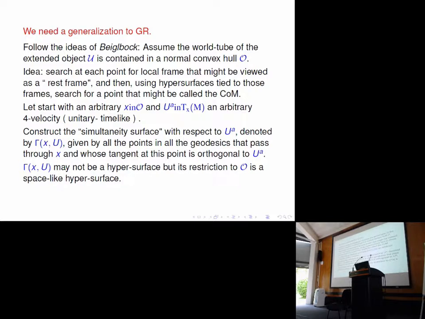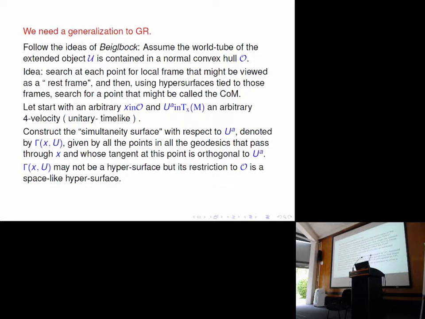Okay, so how do I define the rest frame of the collection of particles? First, I take an arbitrary point. I assume that this is the rest frame of the collection of particles, construct the space-like hypersurface that is perpendicular to this one and is generated by geodesics that are perpendicular to this one.